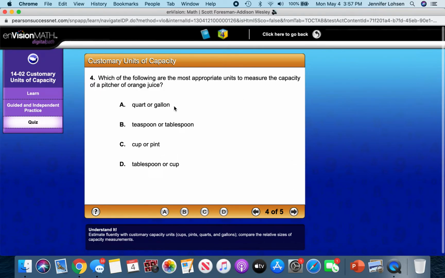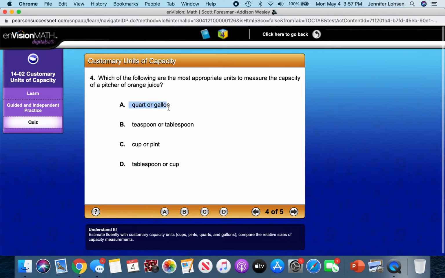So do you think we would measure a pitcher in quarts or gallons, teaspoons, tablespoons, cup or pints, tablespoon or cup? Now, for me, I am eliminating this one because it's way, way too small. This one we're also eliminating because it's also way too small.